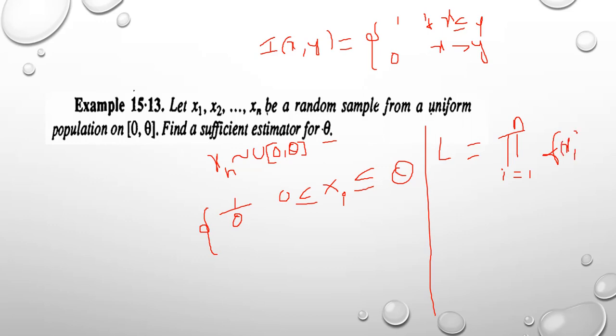Finally I get the product where the values are from 0 to xi and xi to theta. If you formulate it graphically, you can understand. See, this is my real line. Here I have theta power; when I have the joint distribution, it means theta power n times. Here I have 1. Okay, this is my function.